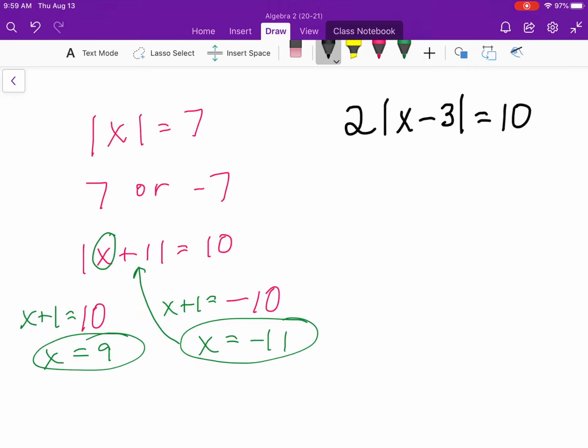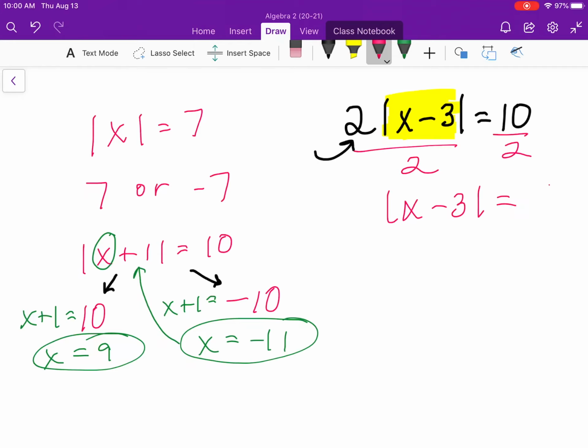What happens if I have a number outside of the absolute value sign? In order to split into our 2 cases, as you can see we did right here, we first have to get the absolute value bars by themselves on one side of the equation. So the first thing I'm going to do is divide both sides by 2.